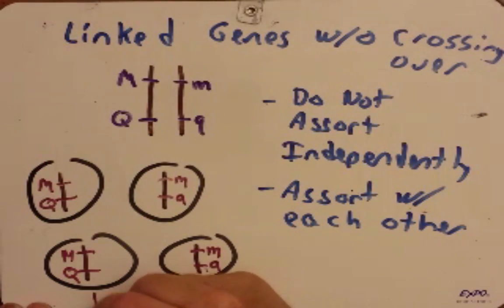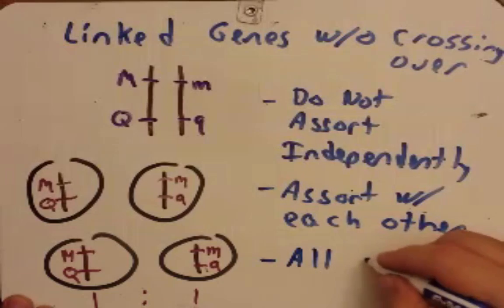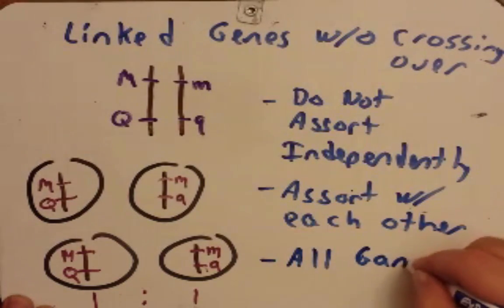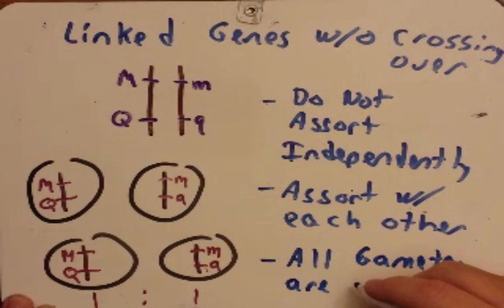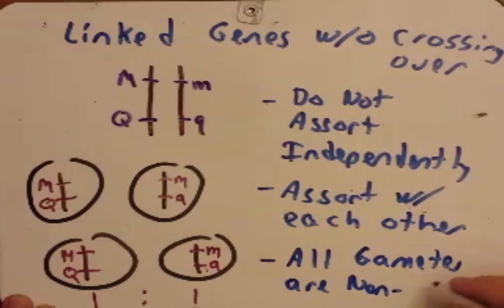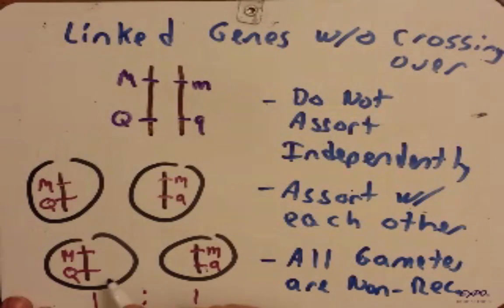This, we would give it a 1-to-1 ratio, and we would say all of the gametes are non-recombinant. They all look like the original chromosome.